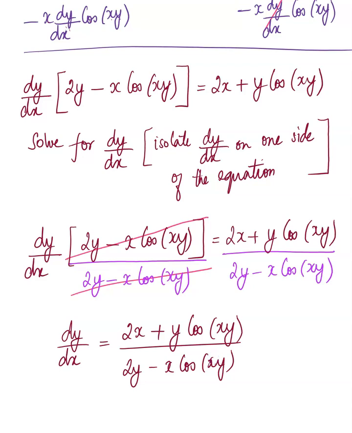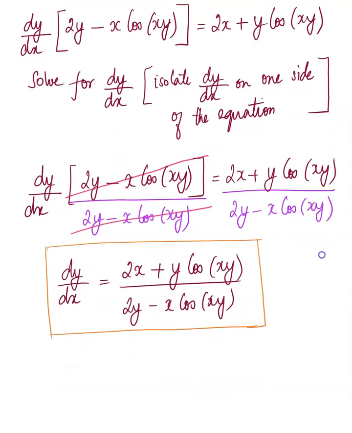And that, my friends, is our implicit differentiation technique to get the derivative of y with respect to x. And that looks beautiful. Well, we do understand that it contains x and y in the expression, which was not seen before.